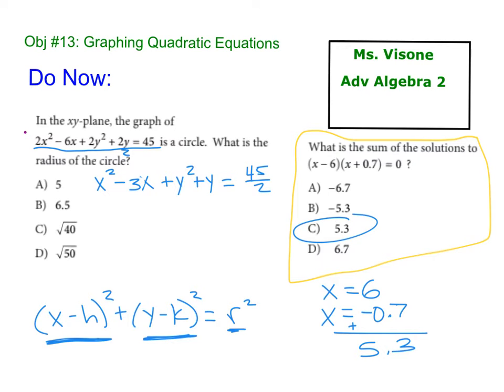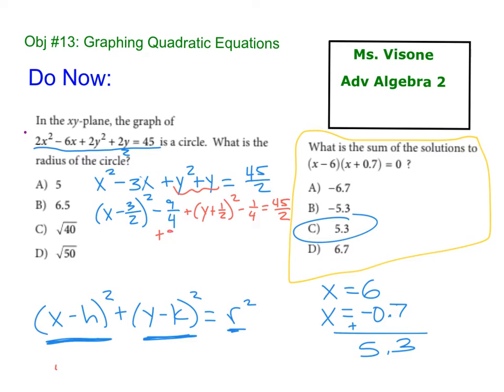This one is kind of an annoying one because we have odds, right? So (x minus 3 over 2) squared, and then we have to minus 9 over 4. And then for the y's, we're going to do (y plus a half) squared, and then minus 1/4 equals 45 over 2.